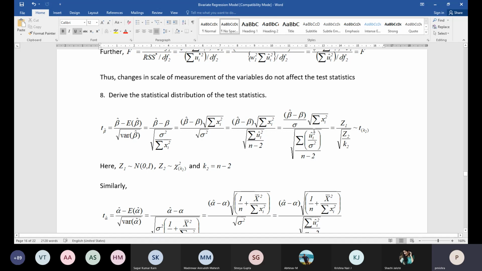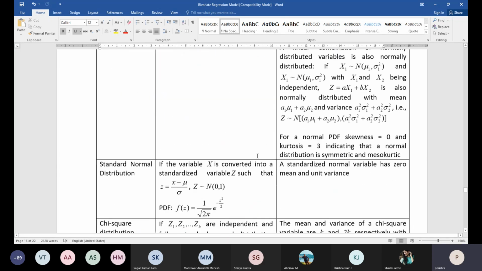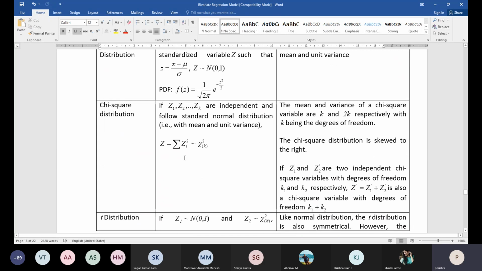So essentially, this can be rewritten as u hat i minus u hat bar divided by sigma, whole square, and then summation. So this essentially gives me the summation of squares of standard normal variables. And we have seen in this table that the summation of squares of independent standard normal variables is nothing but a chi-square distribution.